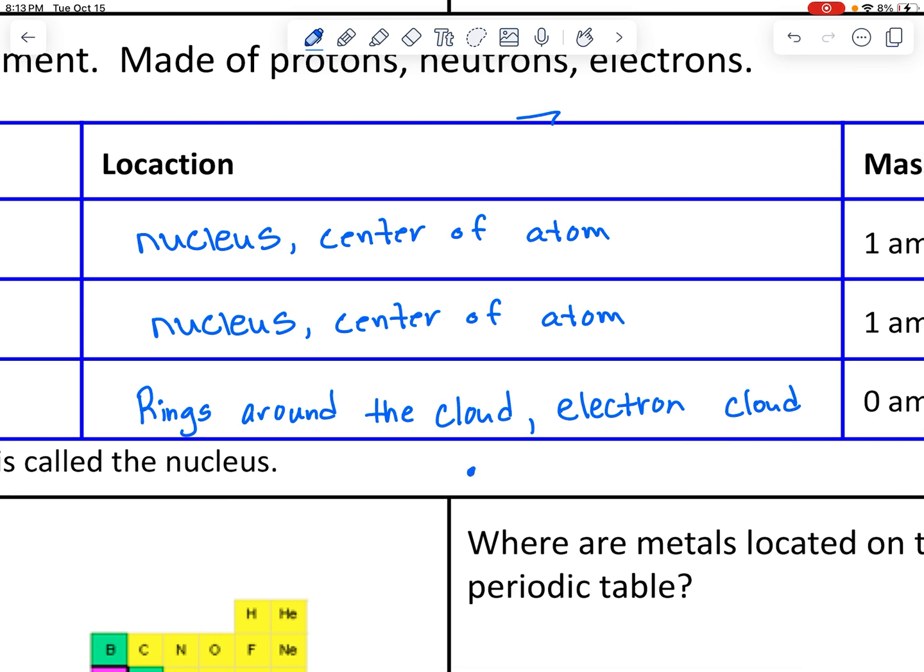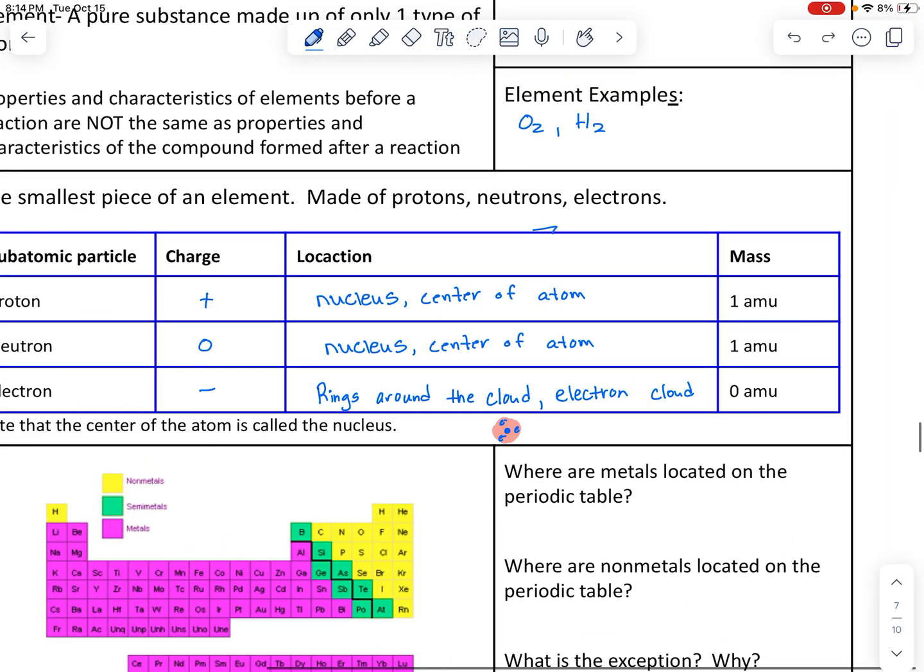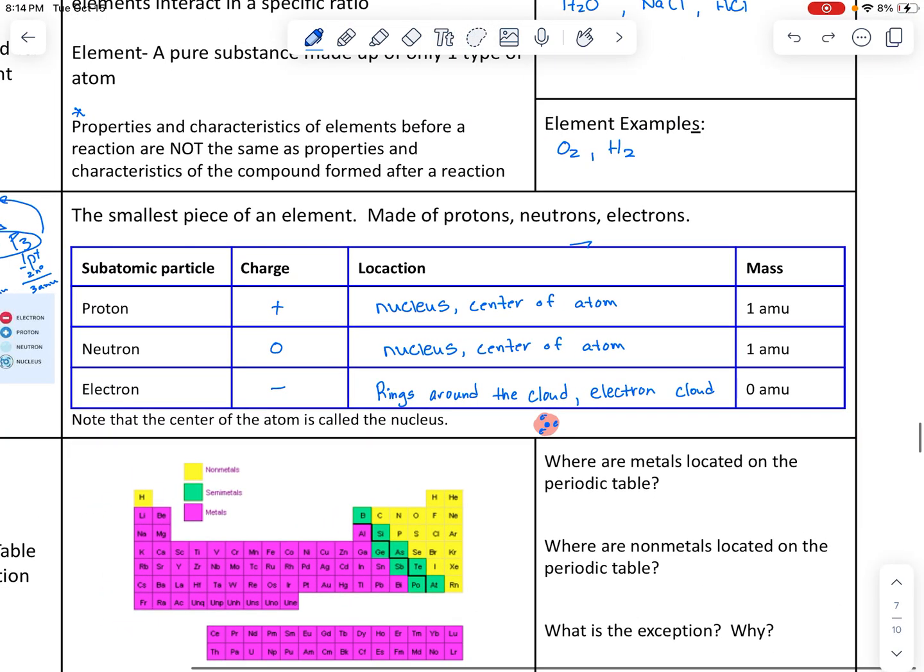In a real life atom, you've got the nucleus, and then you've got a haze that exists around the nucleus, and that haze is where the electrons exist. So they're kind of zipping around all over the place out here. And that's a little bit more correct of how an atom would look like if we could see one. No one ever has, of course.